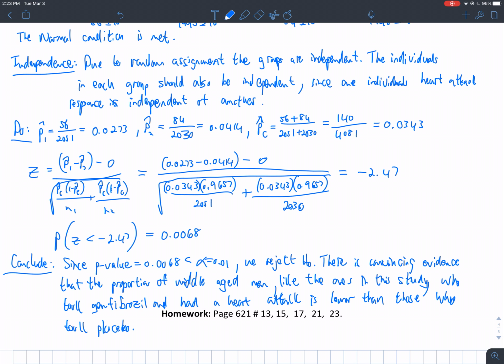Okay, so gemfibrozil is effective, basically, is what we just said.